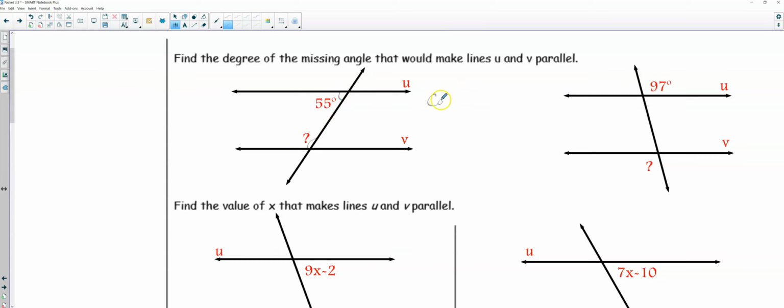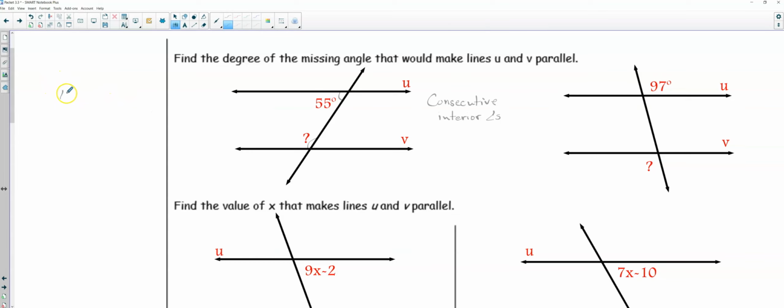So once you understand that they are consecutive interior angles, then that means that they must be what? They must be supplementary. Notice that one is acute, one is obtuse. So they are supplementary, that means they must add up to 180 degrees.